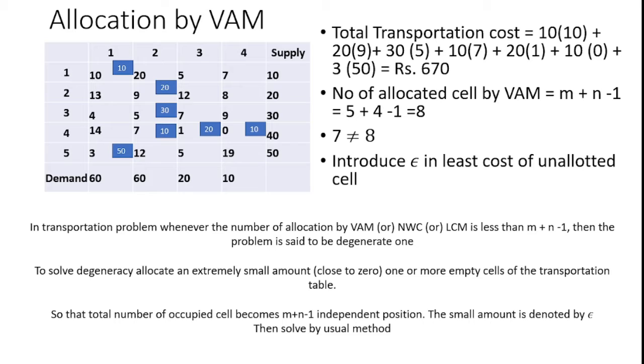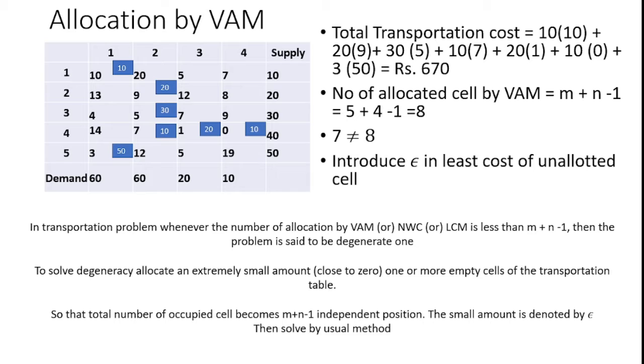In a transportation problem, whenever the number of allocations by Vogel's approximation method, northwest corner method or least cost method is less than m plus n minus 1, then the problem is said to be degenerate.